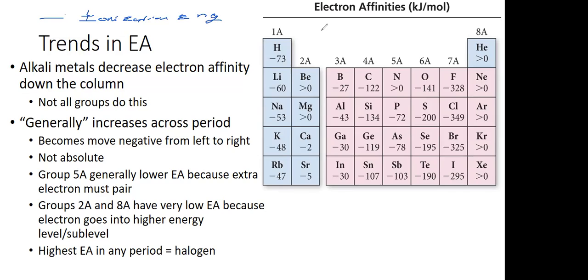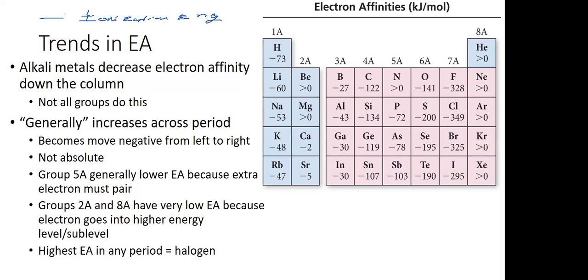Ionization energy is how much energy does it take to remove an electron, right? And all of those energies were positive because it takes energy to remove an electron.